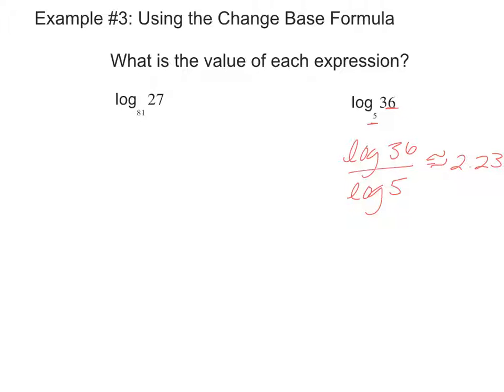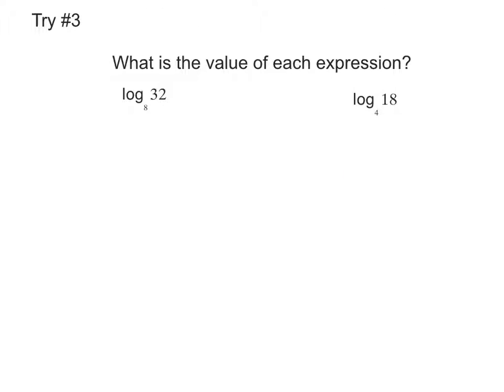All right, let's look at the try. So it says, what is the value of each expression? So again, we want to see if they have a common base. So 8 and 32, yes, they do share a common base. Remember, log is bae. So the base 8 raised to the x power is supposed to give us 32.